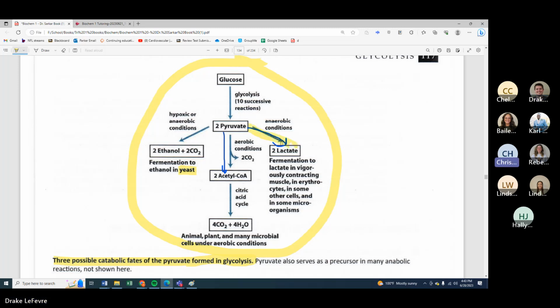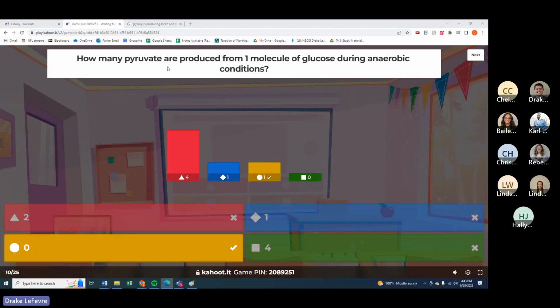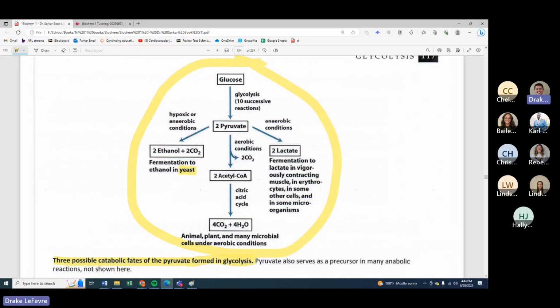No worry. Do I still get my Kahoot points? Yeah, I'll make the edit and add your points in. I'll make sure to change that question as well and word it a little bit differently. Instead of pyruvate, it would be better saying how many acetyl-CoA are produced from one molecule of glucose during anaerobic conditions. That would be a better question.